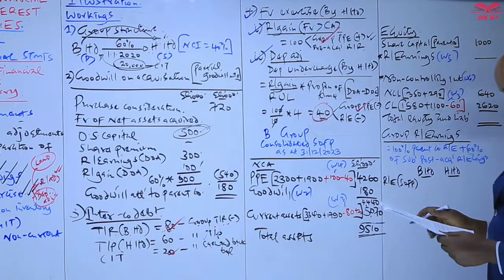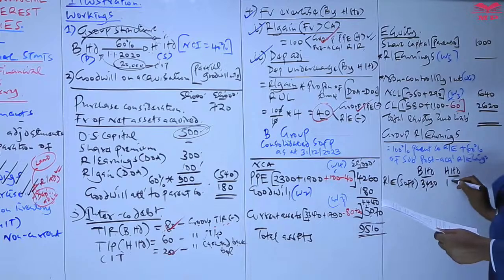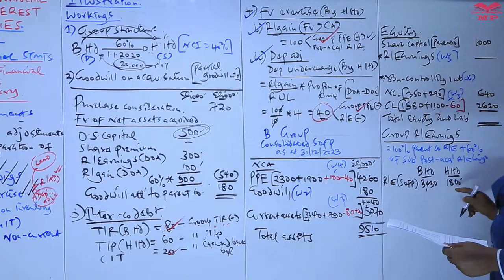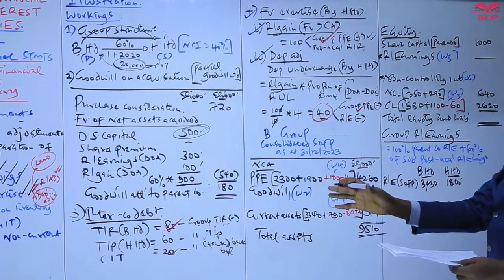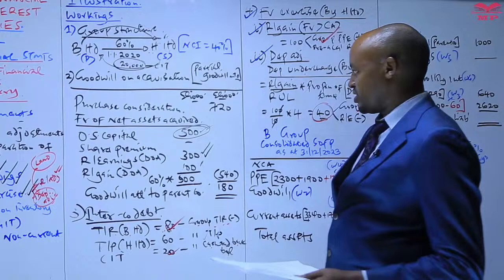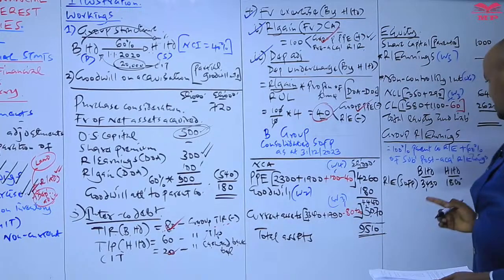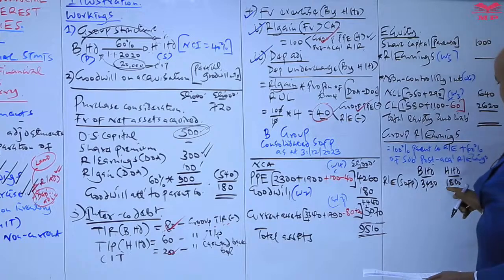For the parent it is 3430. For the subsidiary it is 1800. But now, this of the subsidiary includes the pre-acquisition and post-acquisition. Pre-acquisition we know, because that is a figure we used here in the computation of goodwill. So what we are interested in and what we include here is only the post-acquisition, because this is pre and post.